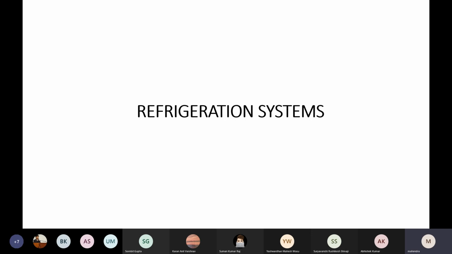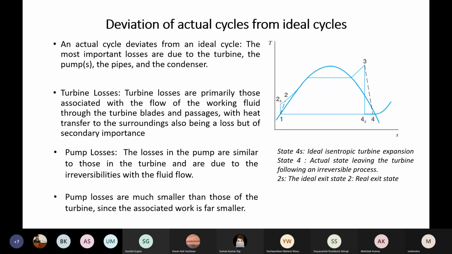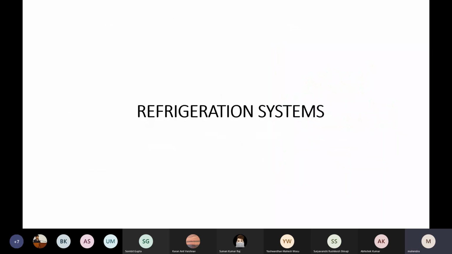We saw reheating, which is a concept on the turbine side, and regeneration, which is a concept at the pump side. These two we implemented, and then we saw the reasons why the ideal cycle deviates towards the actual cycle. Okay. So today, let us discuss refrigeration cycles.